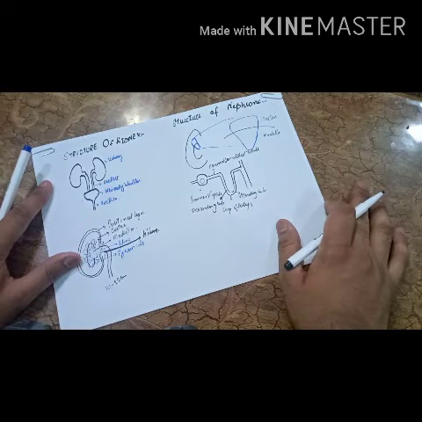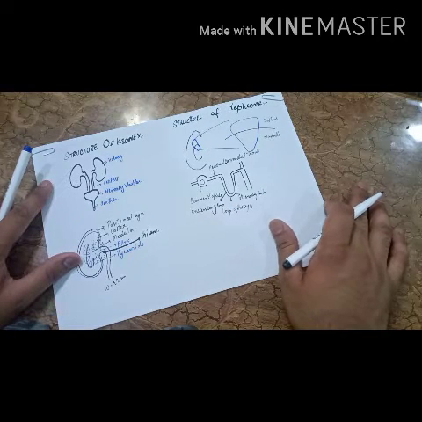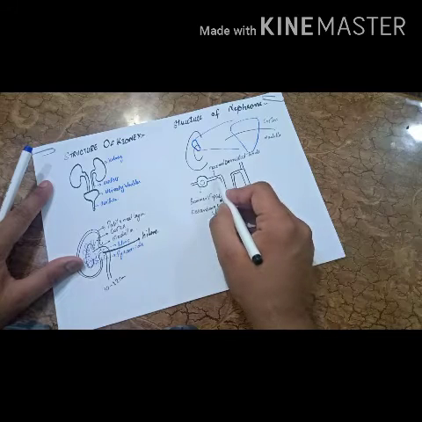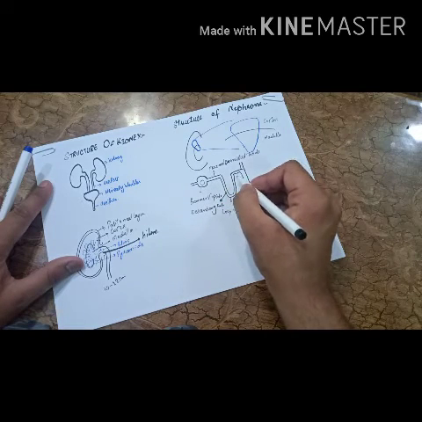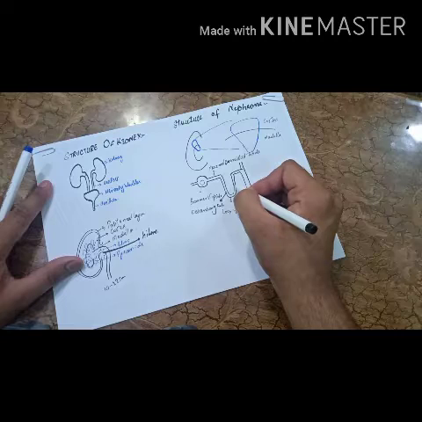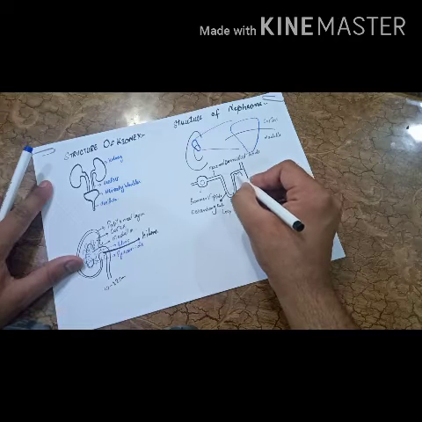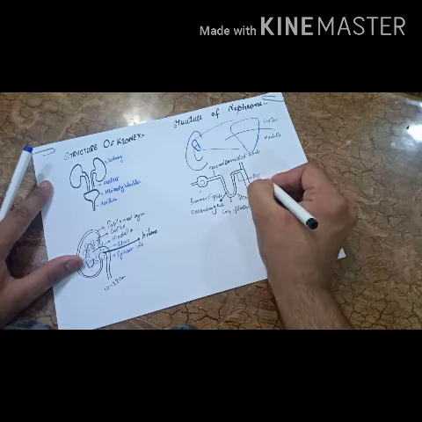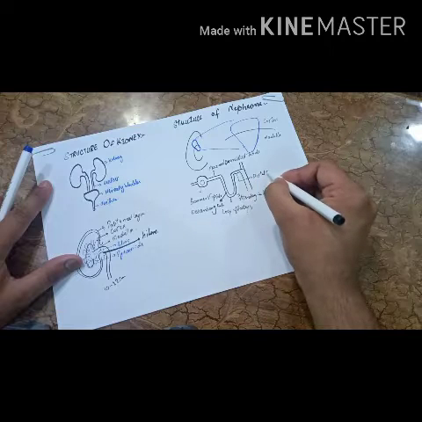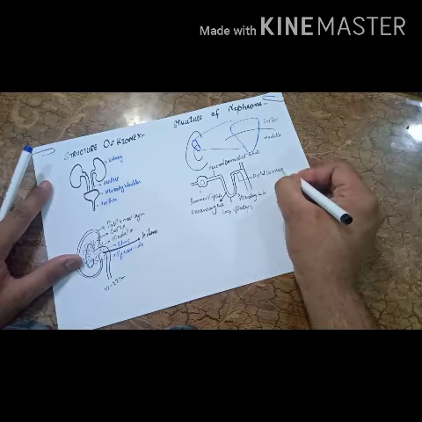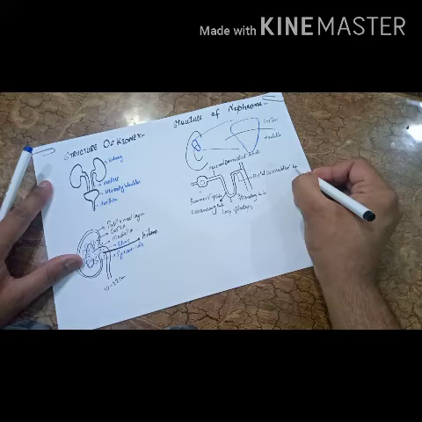ठीक है. While the second part which joins the proximal part and the second part which joins the ascending limb of Henle is called distal convoluted tubules.